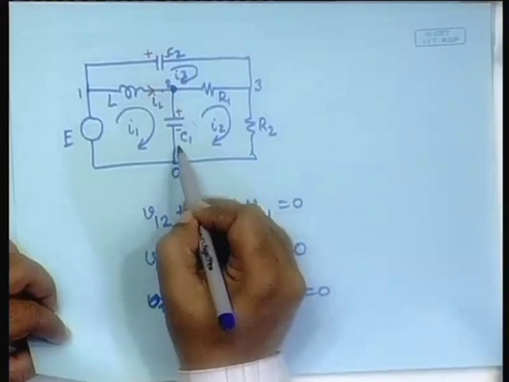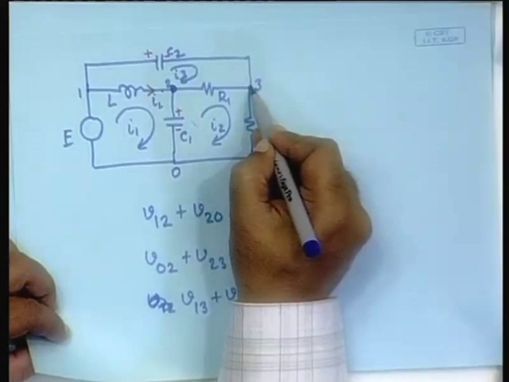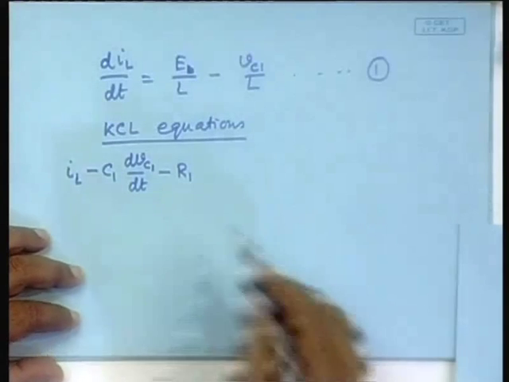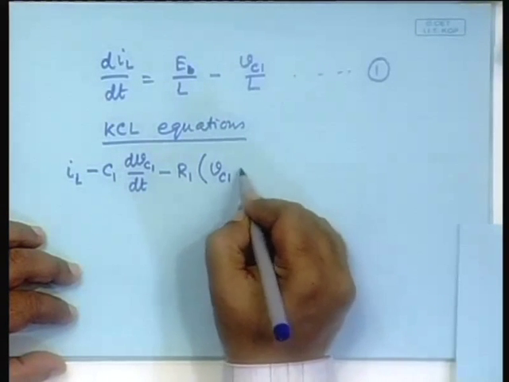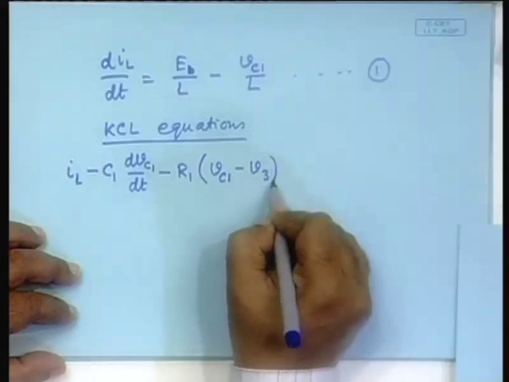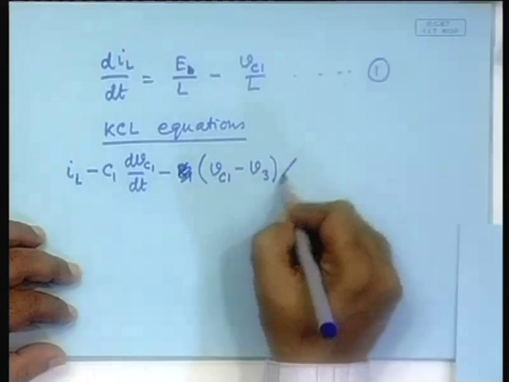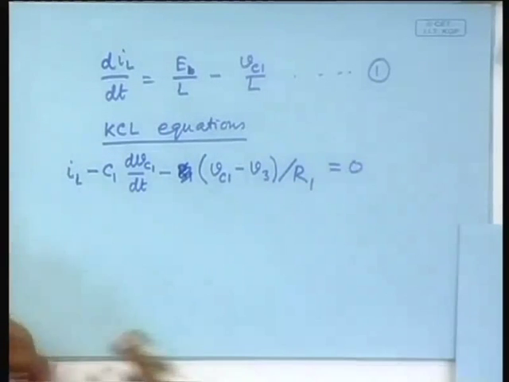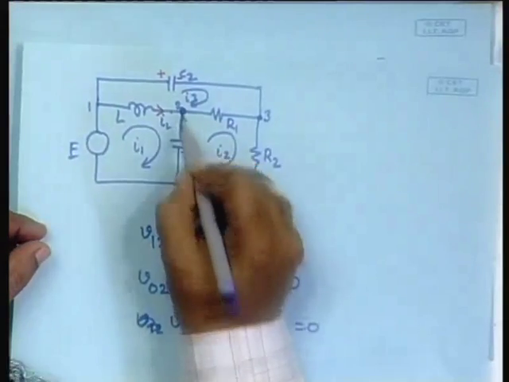Here the potential is Vc1 and here the potential is say V3, this point. I want the current. Okay. So, this is the equation in this node.